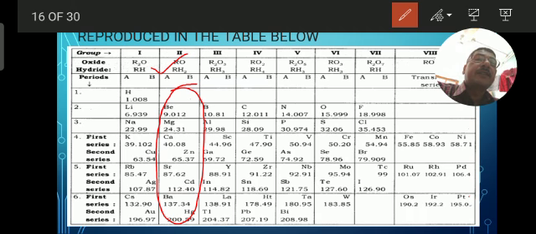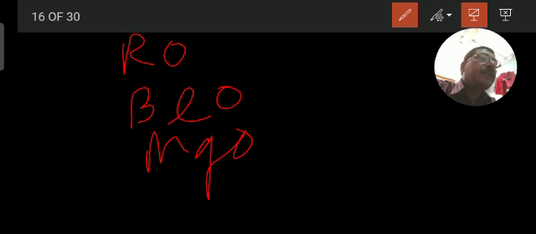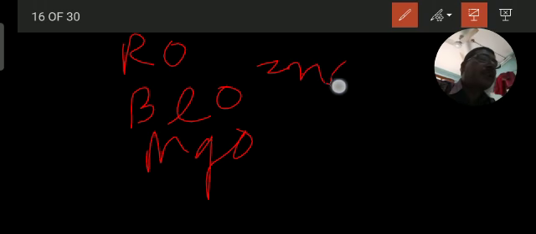After that we can talk about the hydrides. Let us see the second group. RO is the general formula. Here RO means R is the metal. What is the metal present here? Be, BeO. After that MgO. Then next is Zn, so ZnO. Calcium, so CaO.